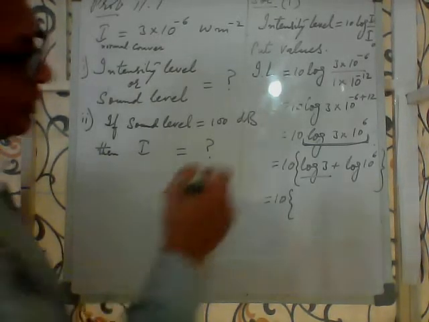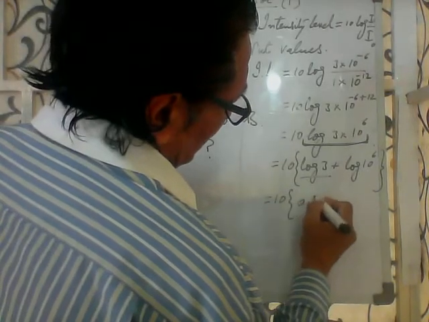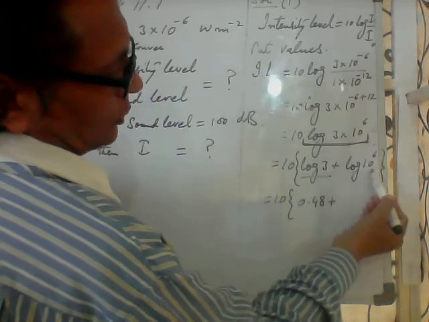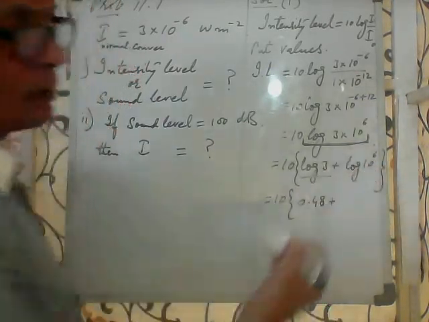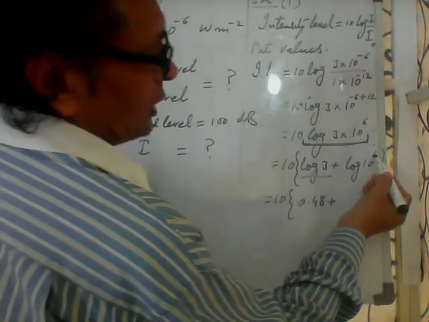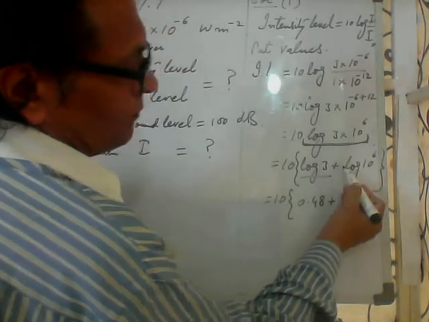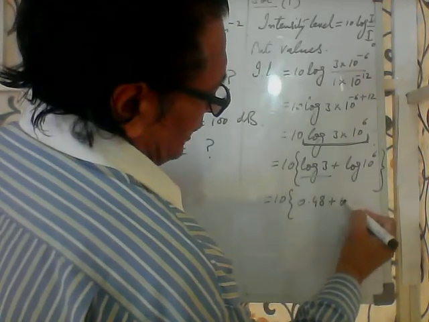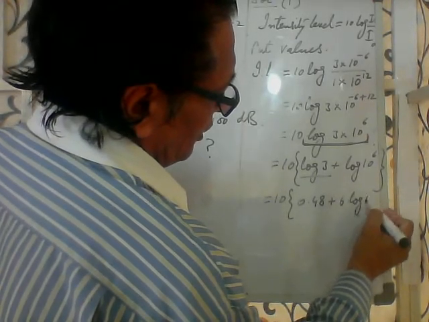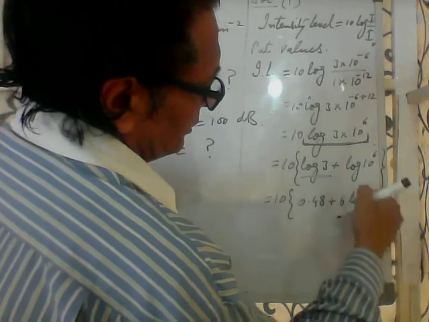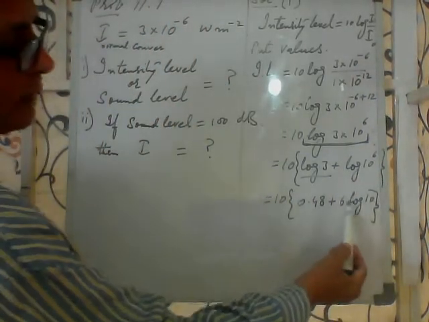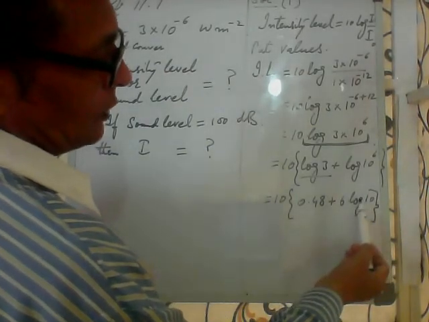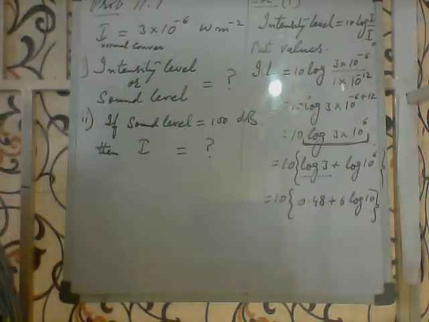So it is 0.48 plus. Here also you will apply law of log. 6 will come as a coefficient over here. So we will get 6 log of 10. And what is log of 10? Log of 10 is calculated in calculator and it comes 1.